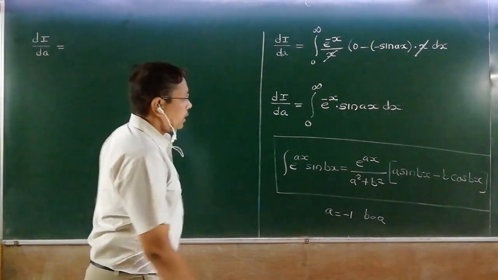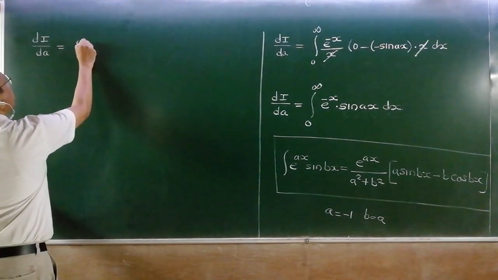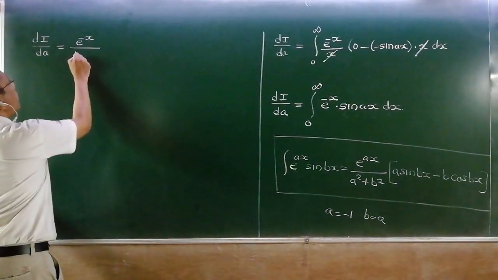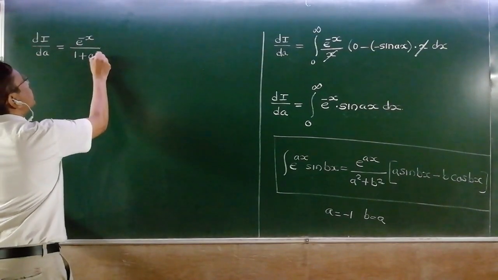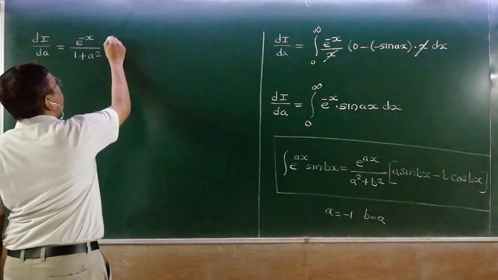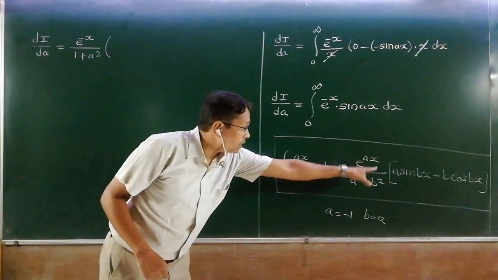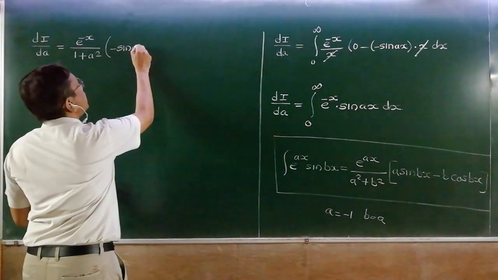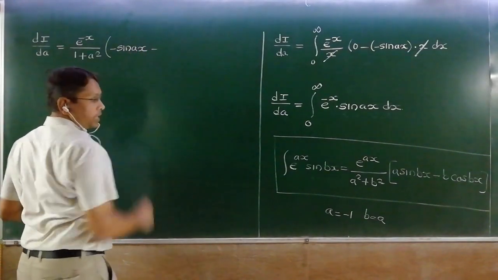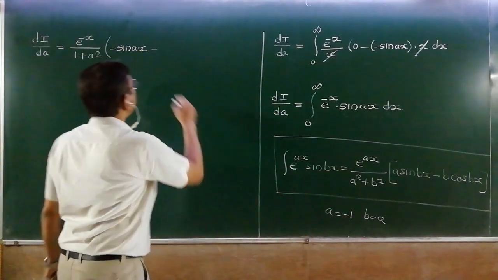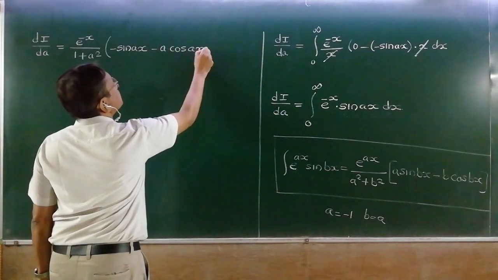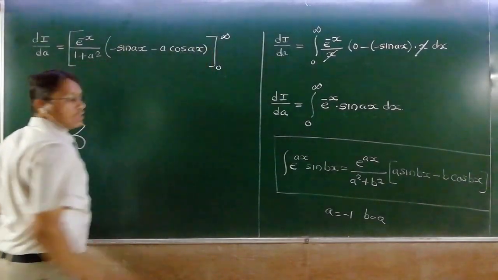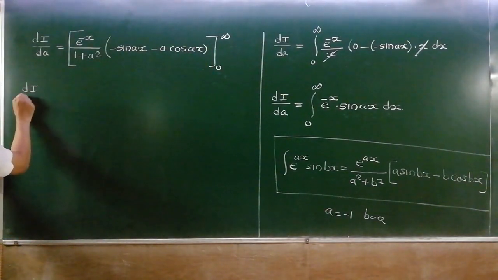It is e raised to ax, a is minus 1, that's why e raised to minus x, divided by a square, meaning minus 1 square is 1, plus b square, which is a square, into (a, which is minus 1, sin bx, nothing but ax, because b is a, minus, as per the formula, b, as b is a, into cos bx, meaning ax), and the limit is 0 to infinity.